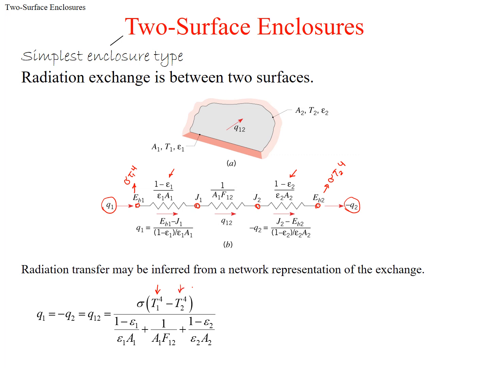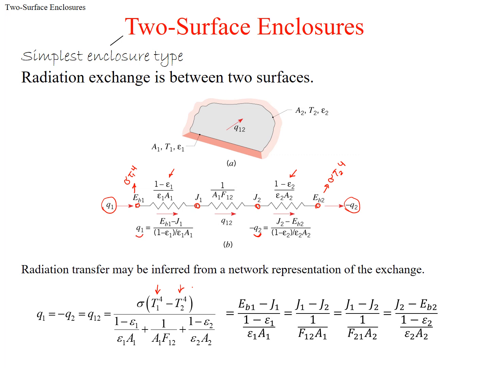You could pick those two nodes and write all the resistances between them in the denominator, or you could pick J2 and EB2 and write this relation, or pick EB1 and J1 and write this relation. That gives you all sorts of different relations you can use to calculate your Q1 and Q2, or basically the exchange between 1 and 2.